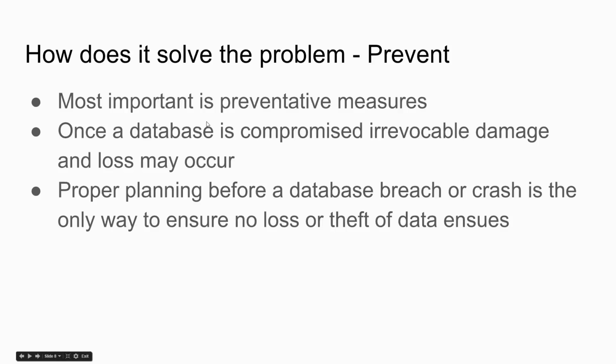The most important thing is to take preventative measures to ensure that sensitive data, private information, remains private and secure, because once a database is compromised, irrevocable damage and loss may occur. So you want to make sure that a database is not compromised. That's pretty much the only way to make sure it doesn't happen in the first place. And you do this with proper planning before a database breach or crash, and that's the only way to ensure no loss or theft of data ensues.